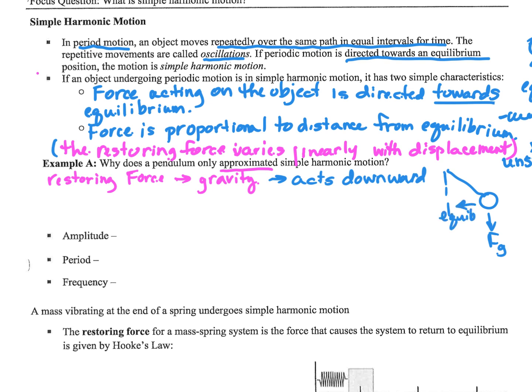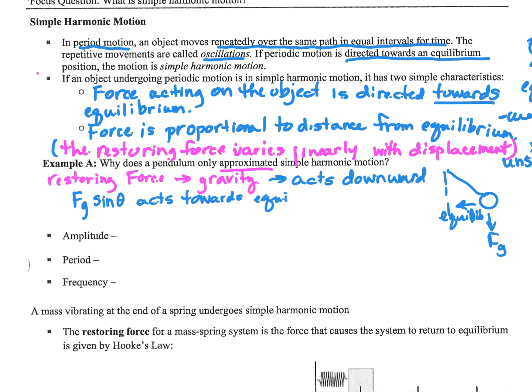The force that's actually going in the direction of equilibrium is F_g sine theta. Only F_g sine theta acts towards equilibrium. So it's not directly proportional to the distance from equilibrium.